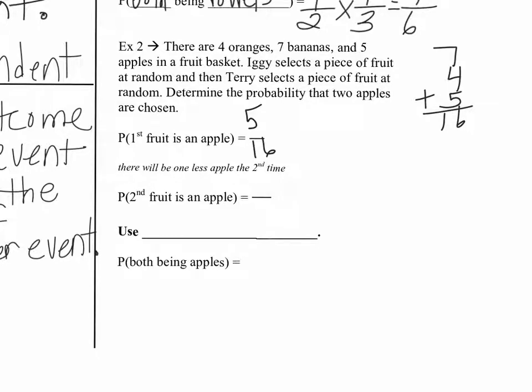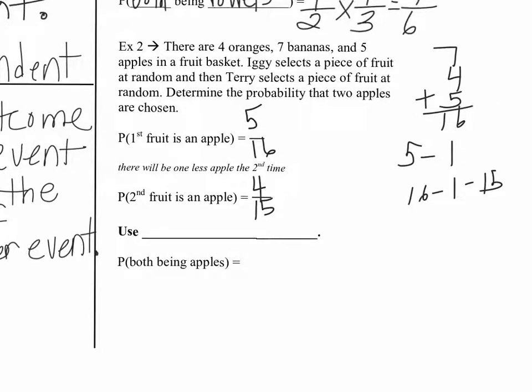When you draw the first apple out and you don't put it back in, one event depends on another there. There's going to be one less apple the second time. So the probability of the second fruit being an apple, 5 minus 1, there's 4 apples left out of 15 pieces of fruit.